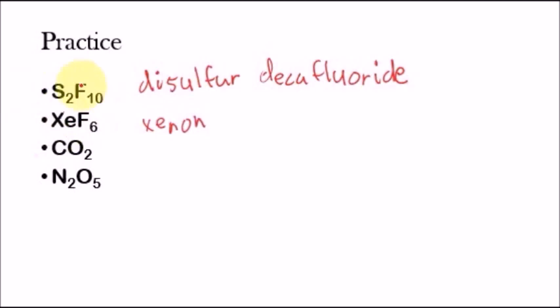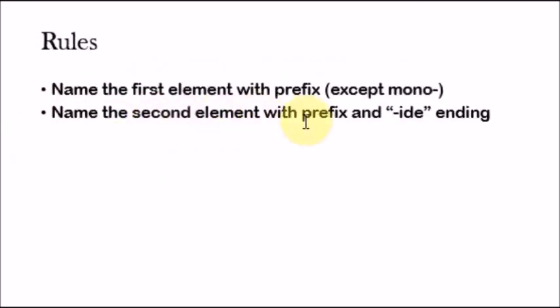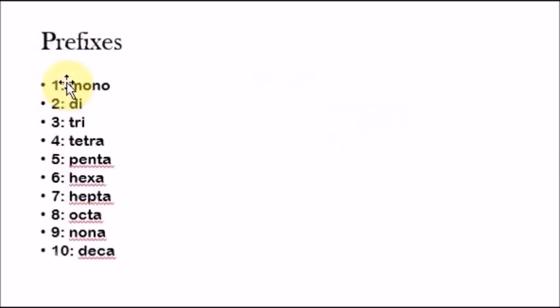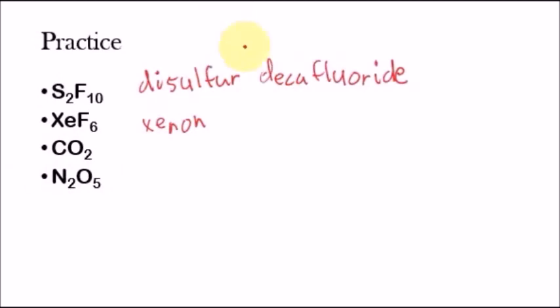This is the first element, and there's only one, so we just write xenon. And then for our second element here, the rule says name the second element with prefix and the IDE ending. So our prefix for 6 is hexa, and then write the element, fluorine, but use the IDE ending, so fluoride. Okay, good.